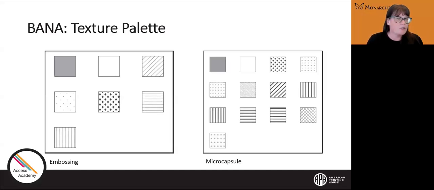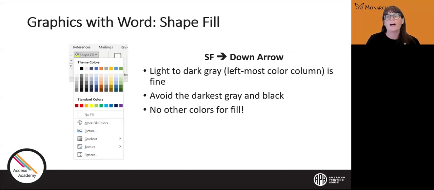Now, you may be asking yourself, this is all great, but I have no clue where to find those things in Word. It's really easy. When you're filling a shape in Word, your shape fill will be on the Shapes Format tool. So you will go to SF and you will use your down arrow once you get into the shape fill.